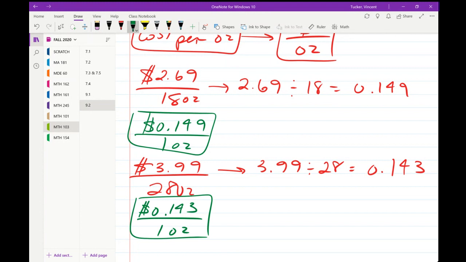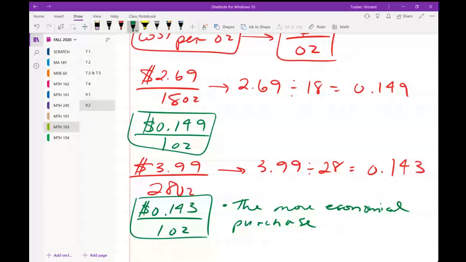So that's $0.143 per ounce. So that means the 28-ounce jar would be the more economical purchase.